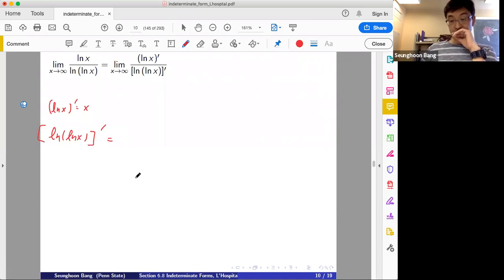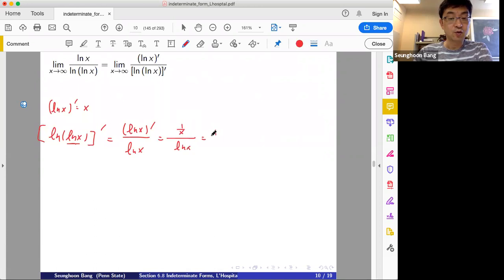Okay. How about other guys? Okay, good. So we can use the chain rule. It's the derivative of the inner function over the inner function. The derivative of ln of ln x is 1 over x over ln of x.